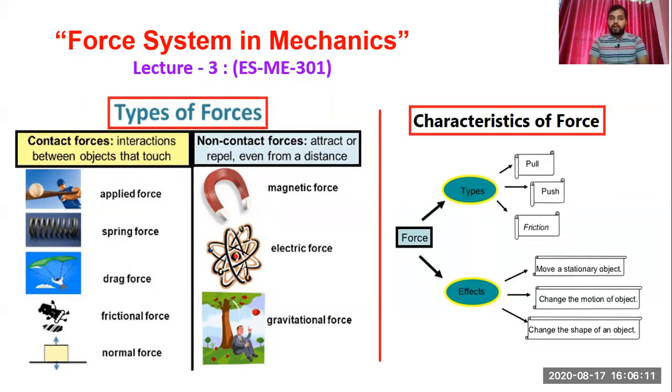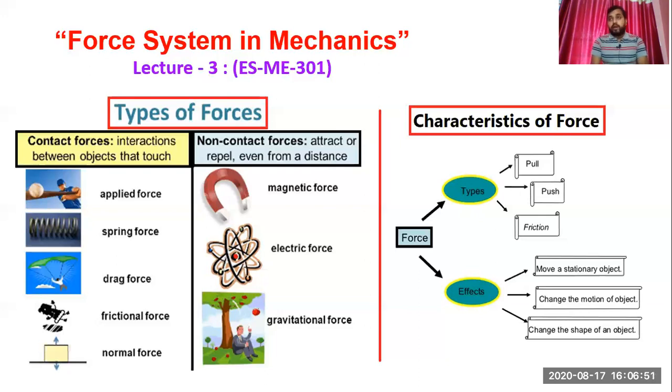Today, we will discuss different types of forces. What are the types of forces? From this concept, we will move ahead to the characteristics of a force, how a force is designated, what are the family of a force, that means force system, because when a force is applied to a system or a physical body, then that force may have a number of effects.